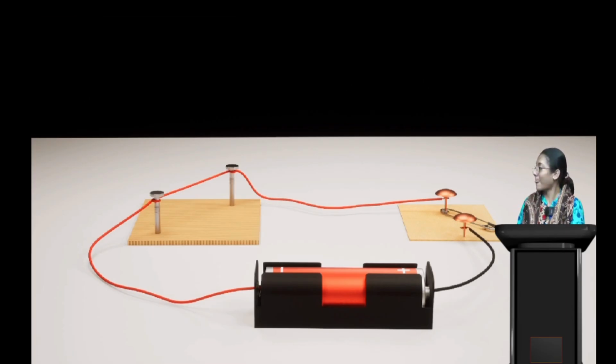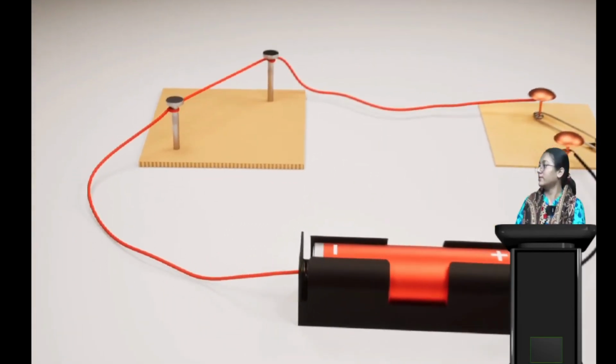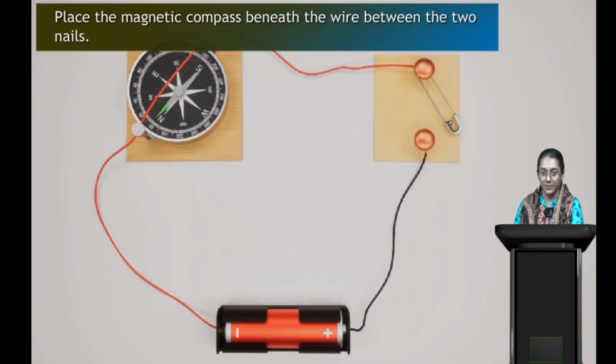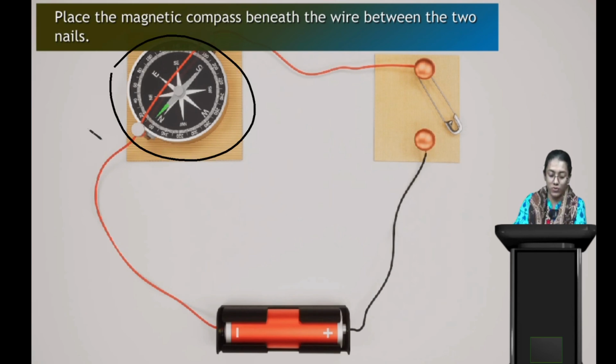Okay. Now, after that, what do we have to do? Our circuit is ready. Okay. So, after that, we have to do another small task. What is it? Place the magnetic compass beneath the wire between the two nails. So, in this position, we have to put our compass.